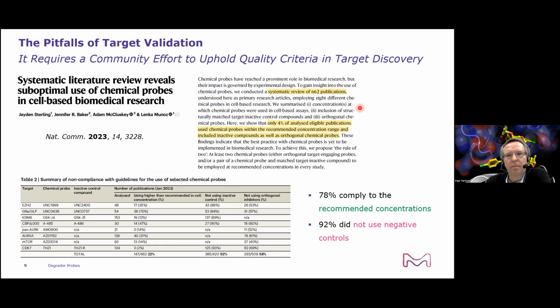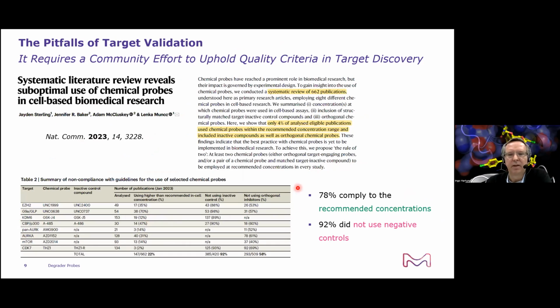Now, you can put high-quality probes into the public domain. The question is, what does the community then do with these probes? There was a really interesting study by Lenka Munoz published last year, where they looked at a number of these high-quality probes and then collected published studies and checked how people are actually using those probes.